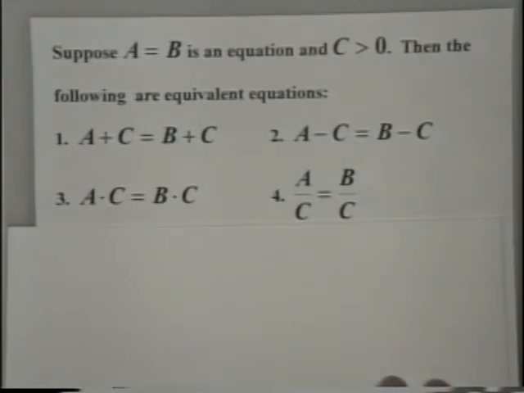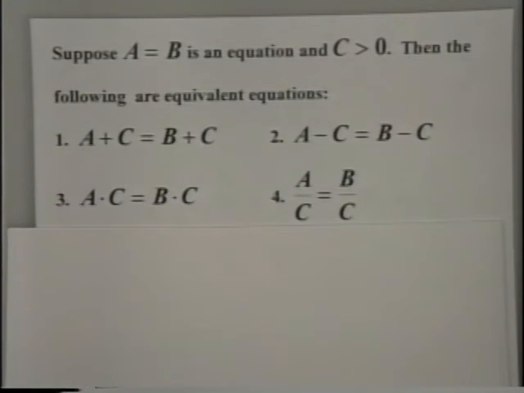Well, just a brief review of solving equations. Remember what you know about solving equations. If you look over on the pad here a second, suppose A equals B in an equation and C is positive, then the following are equivalent equations.